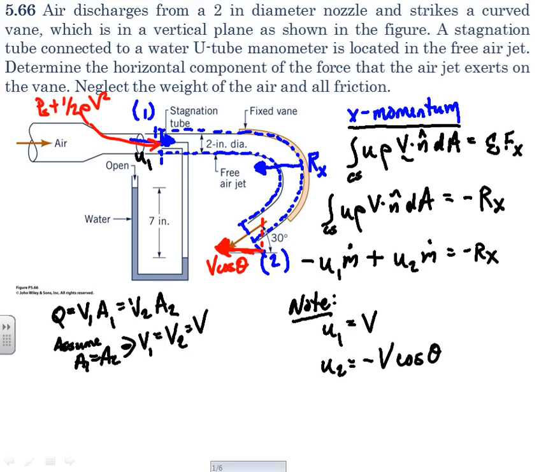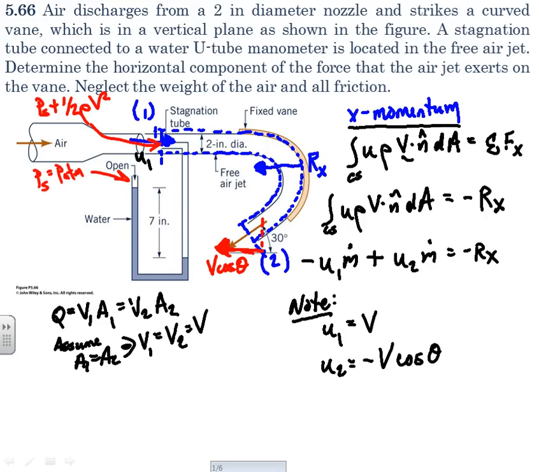The other end of my manometer is going to have a pressure that's open to the atmosphere. So this is just going to be P static or P atmosphere.